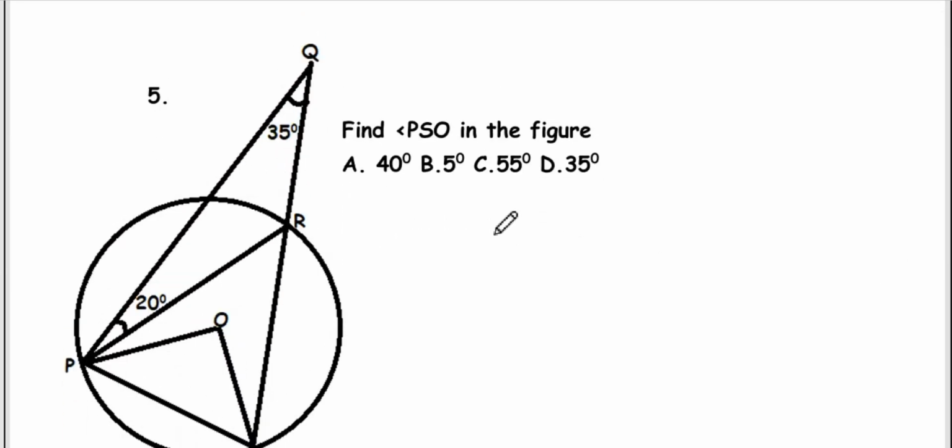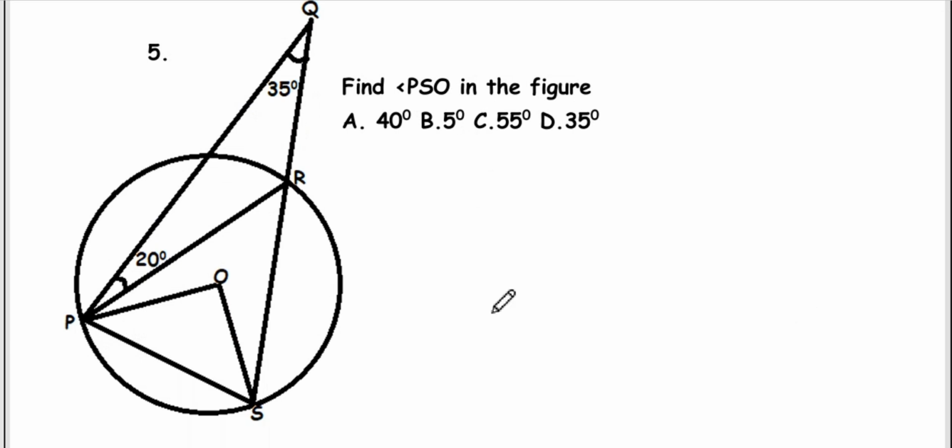Then this final question, it says find PSO in the figure. Find angle PSO. PSO, that's this angle. Now, this PQR is a triangle.